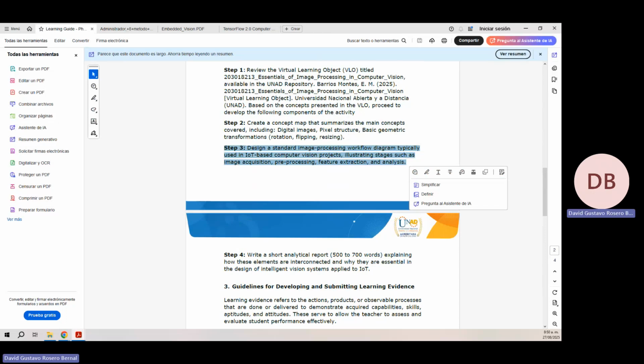This diagram demonstrates how raw data becomes intelligent decisions in an IoT system.